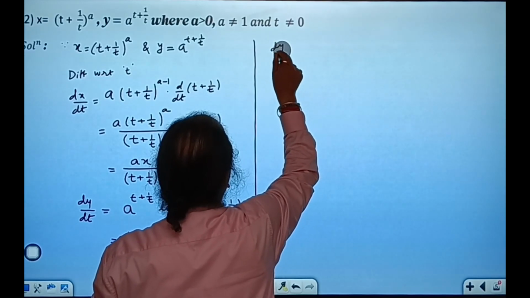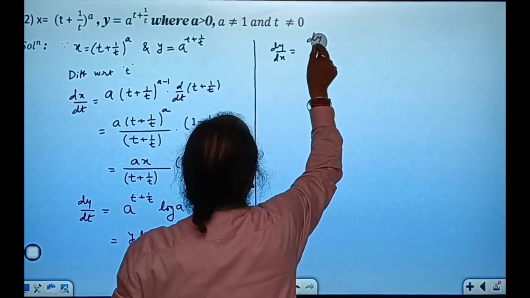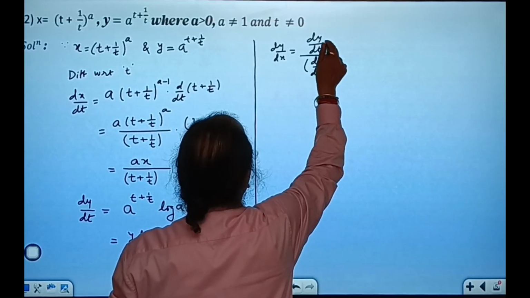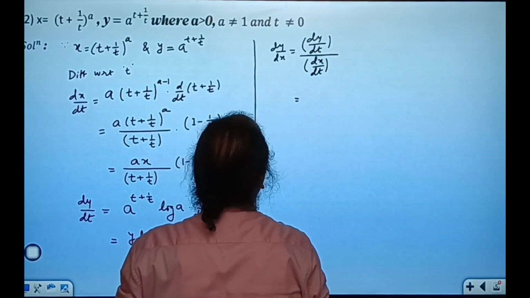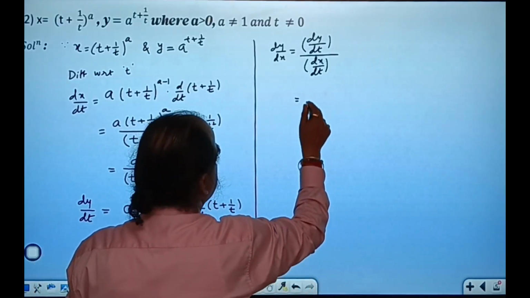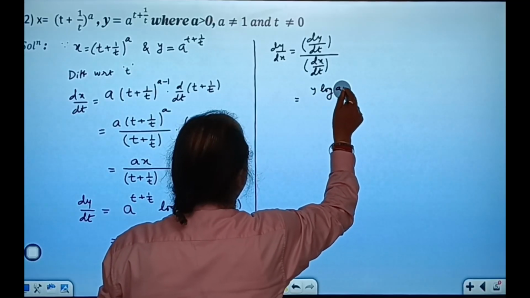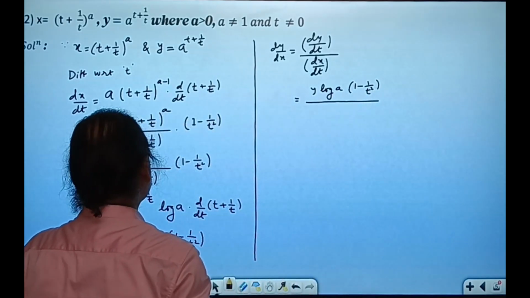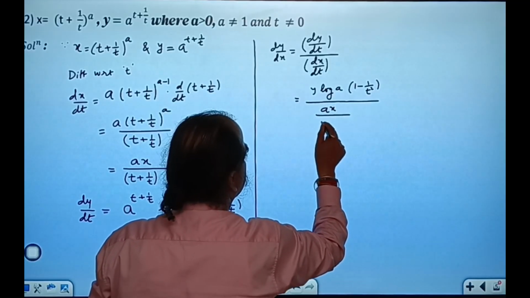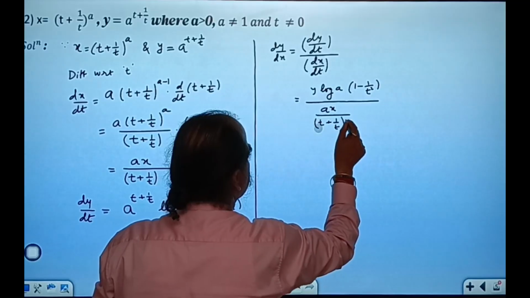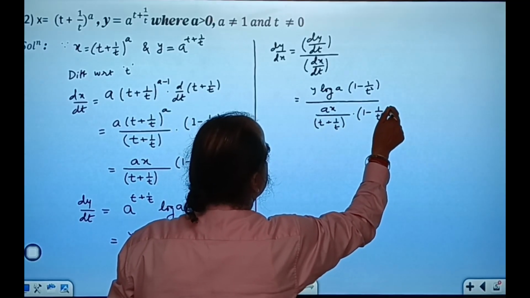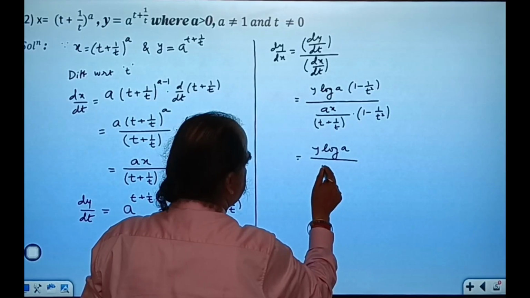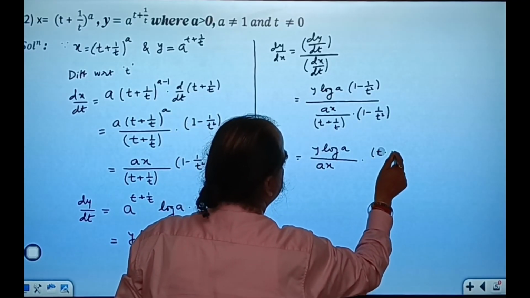Now dy by dx is what? dy by dt upon dx by dt. dy by dt is what? y log a into (1 minus 1 upon t square), divided by dx by dt, which is ax upon (t plus 1 upon t) into (1 minus 1 upon t square). So y log a upon ax into (t plus 1 upon t) will go out.